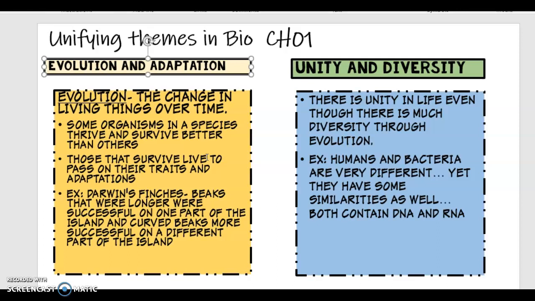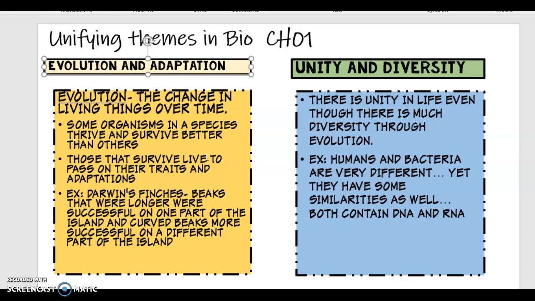Our last unifying theme in biology is unity and diversity. As we study biology for the rest of the semester, you're going to see that even though there's great diversity, there's always a unity, or a connection, between different organisms. So for example, humans and bacteria, very different.